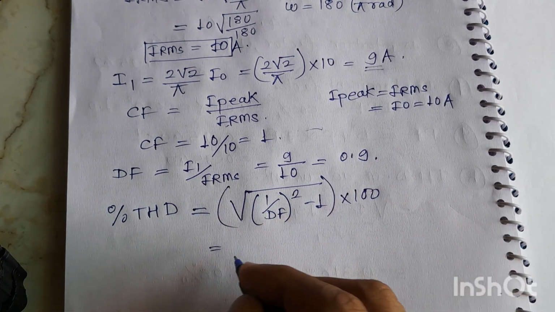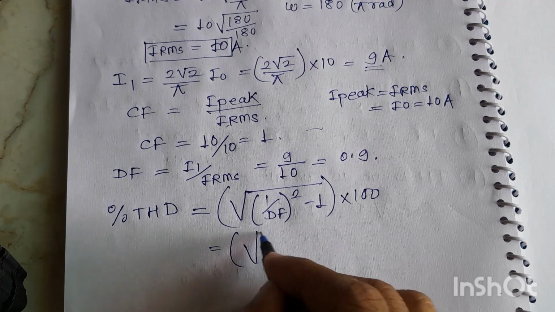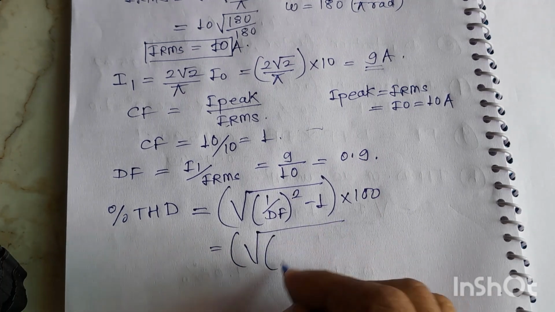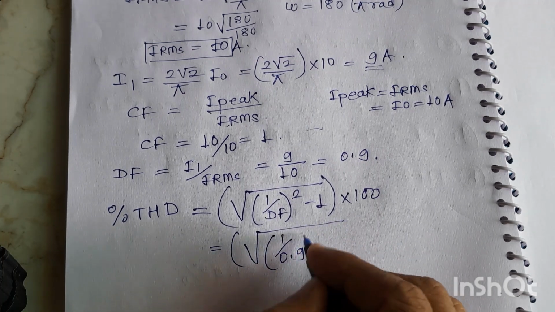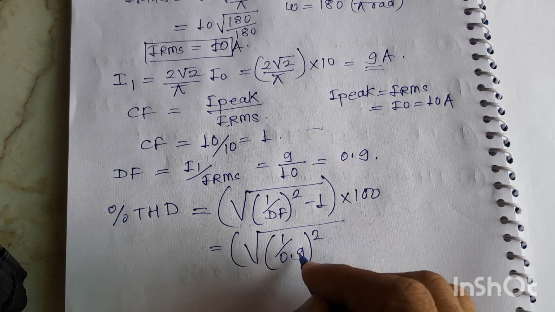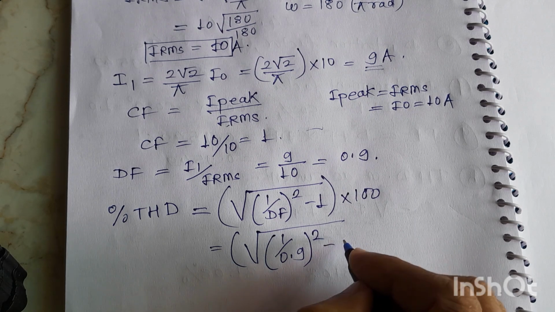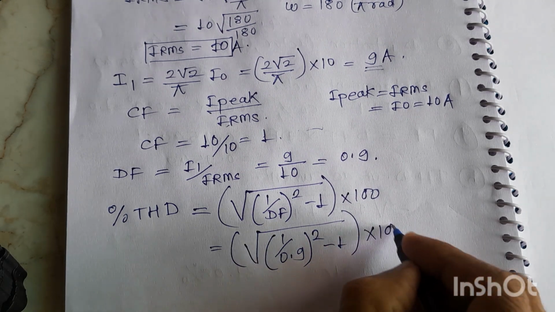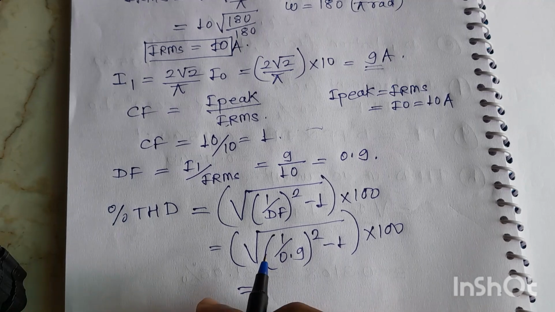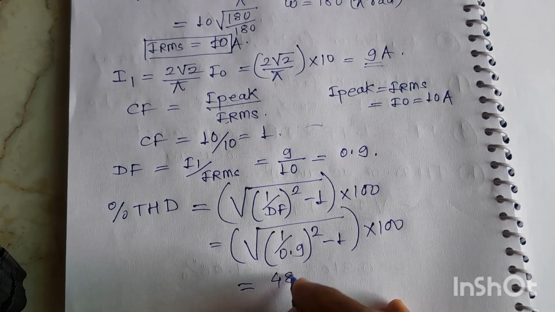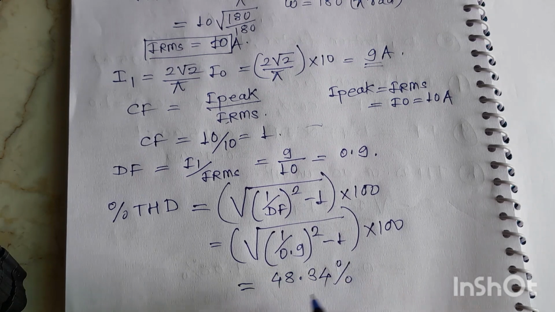So if you put these values here, distortion factor we know is 0.9, so 1 by 0.9 whole square minus 1, into 100, and if you calculate this value, we will get 48.34%.